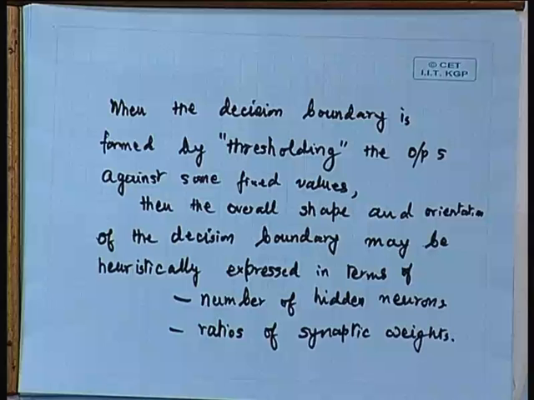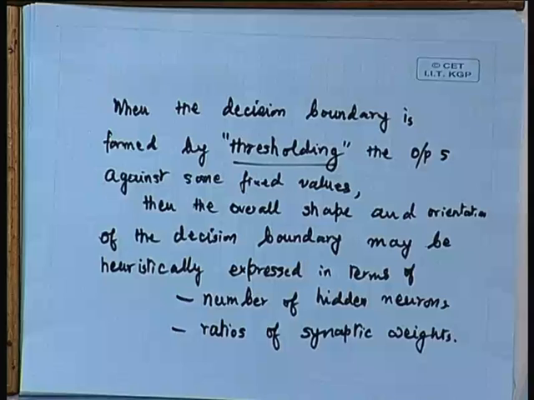Okay, followed what I mean, that when you use such thresholding schemes, then it is a question of just expressing the decision boundary, where instead of expressing it as a simple Bayesian rule, you can express it in terms of the number of hidden layers and ratios of the synaptic weights, the heuristic approach to that.